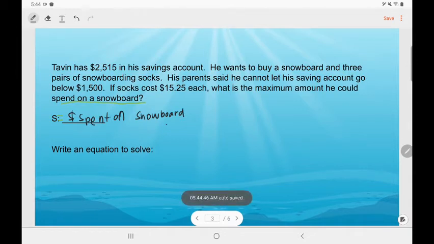All right. So if S is the amount of money I spent on the snowboard, I'm going to go ahead and start looking for those key constants, the flat rates, the beginning amounts, the things I'm going to pay once.